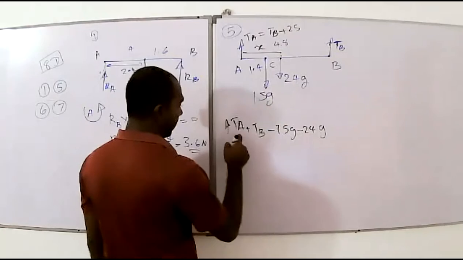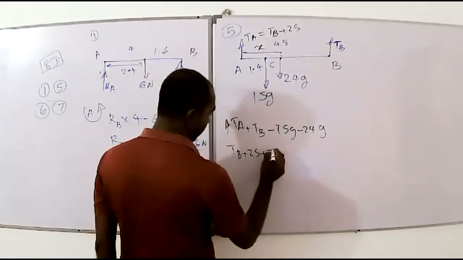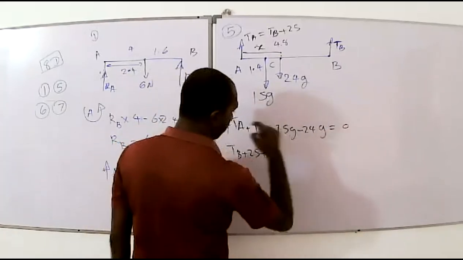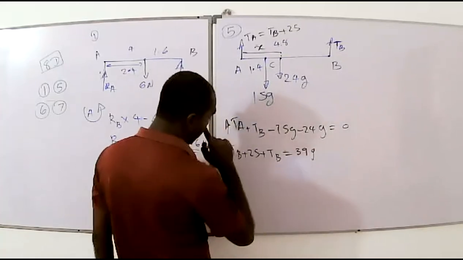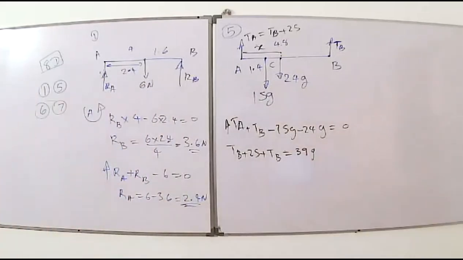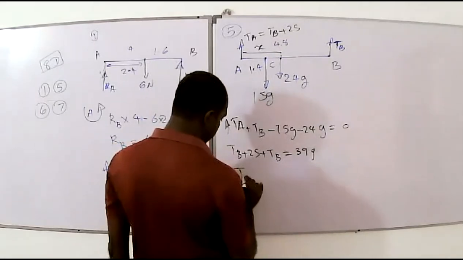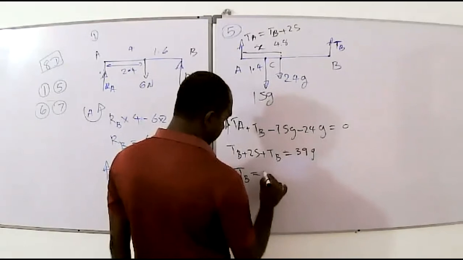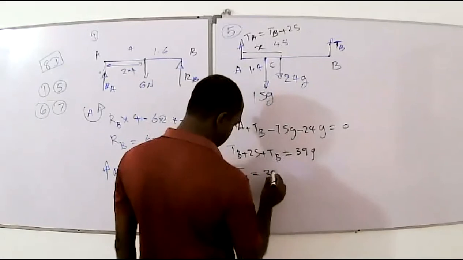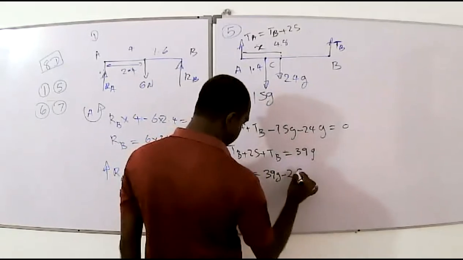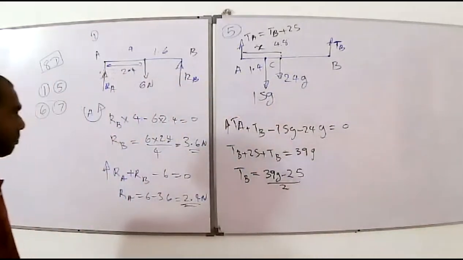So TA again, you can write in terms of TB: TB plus 25 plus TB is equal to 39G. So 2TB equals 39G minus 25, so TB equals (39G minus 25) divided by 2. This value will be the TB value.